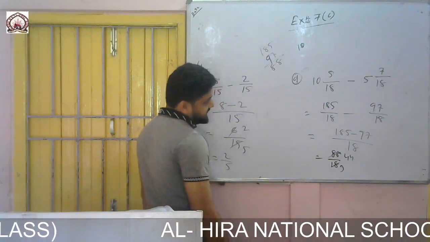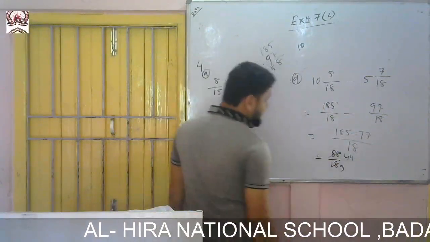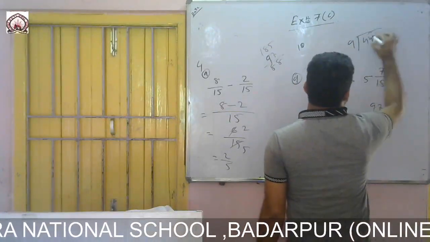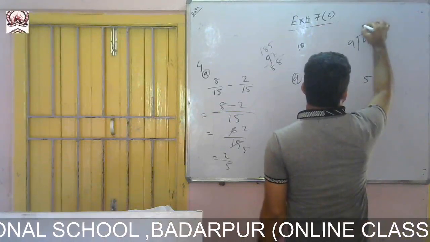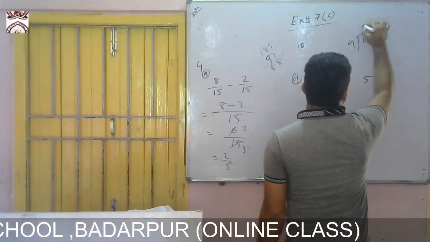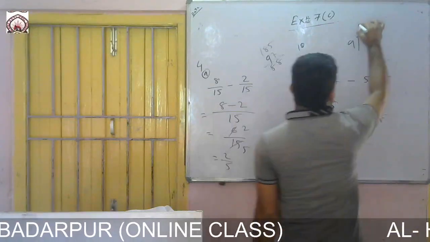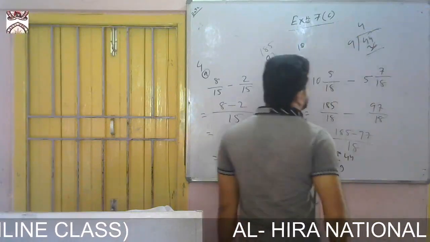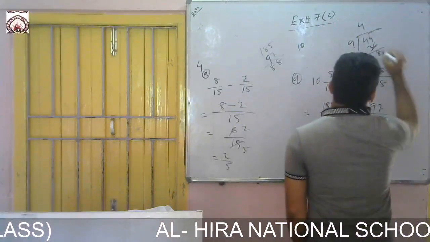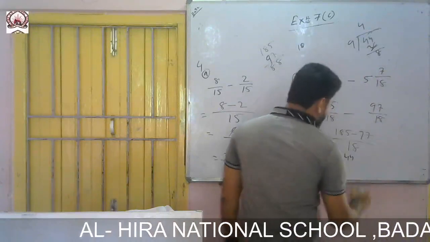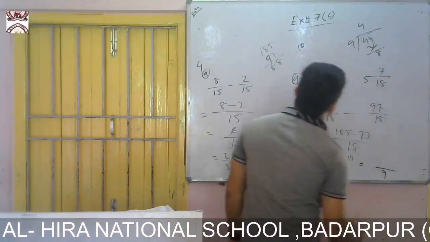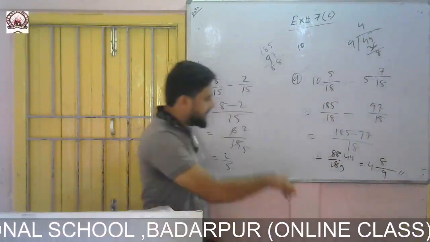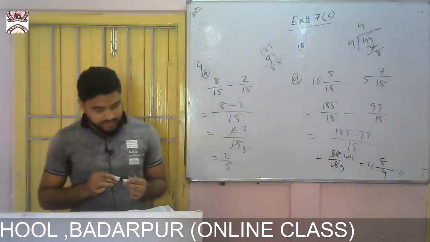Now I cannot divide this one, so now you take this one into mixed fraction. 5 9s are 45, 4 9s are 36, and 44 minus 36 is 8. So I can write like this, 4 and here 8 by 9, that is the answer. Okay, 4 8 by 9.